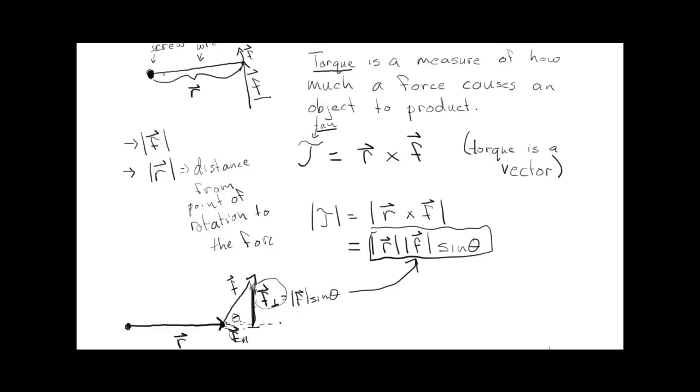So let's just do one example to see how to do this. A mechanic exerts a, let's just say, 20 Newton force. I don't want to worry about the converting.